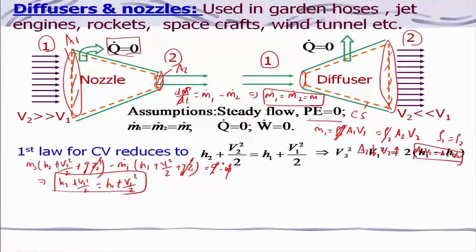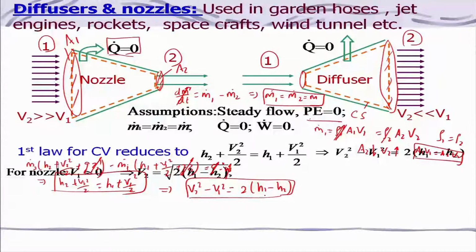So we can write this as V2 square minus V1 square is equal to 2 times (H1 minus H2). If V1 is very, very small, basically 0, then V2 is equal to root over 2 times (H1 minus H2).